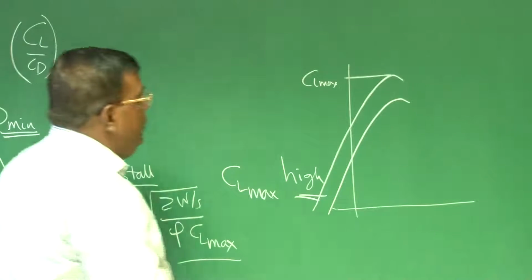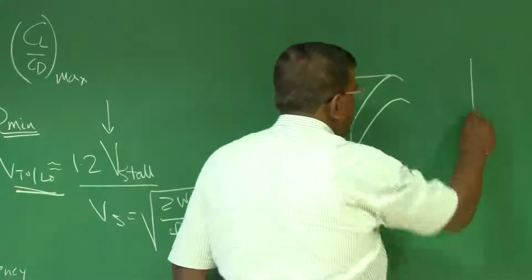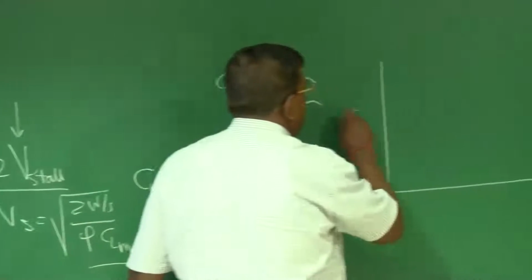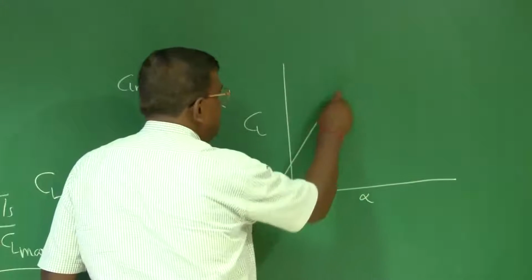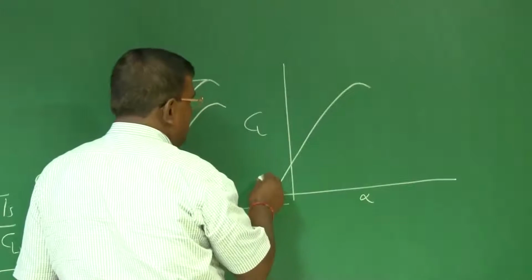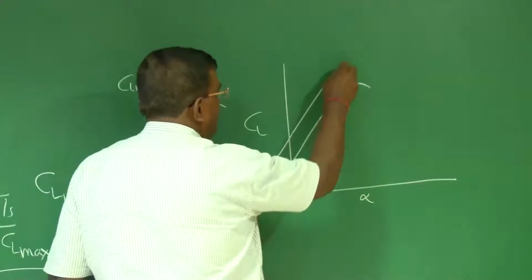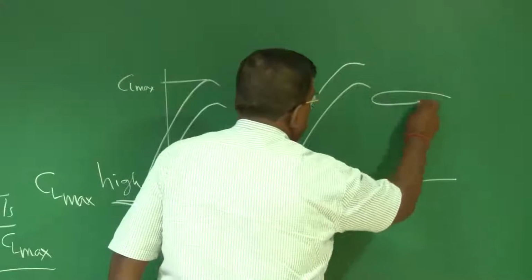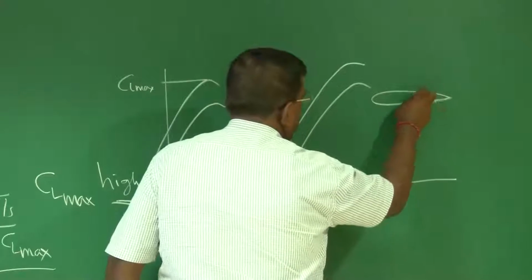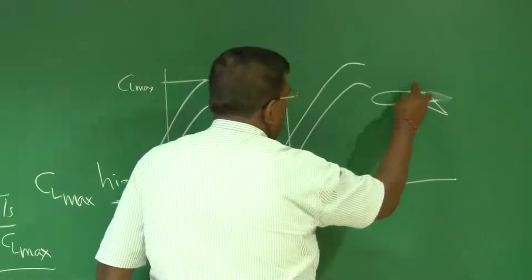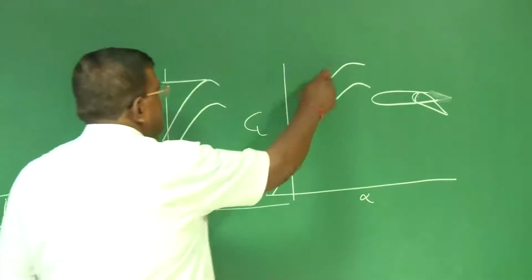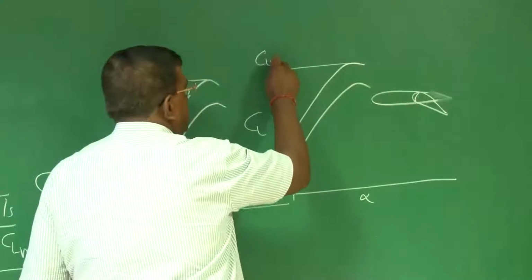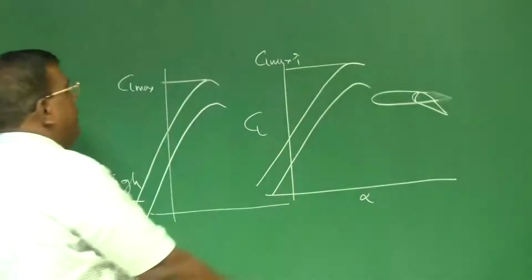To overcome that, you will find people use flaps. We'll come to that. So this is the basic aerofoil, and then you put a flap down some degrees, 10, 20, 30 degrees, and ensure that the CL max is enhanced.